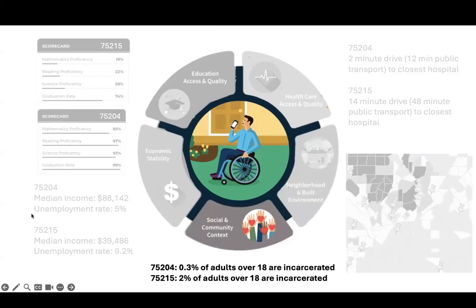And our last social determinant of health is social and community context. This includes positive factors such as social integration, social cohesion, civic participation.